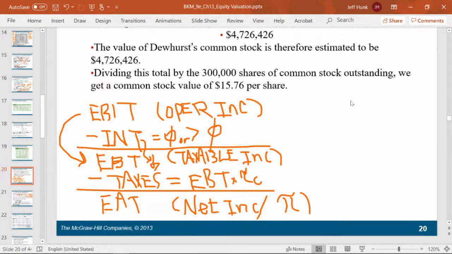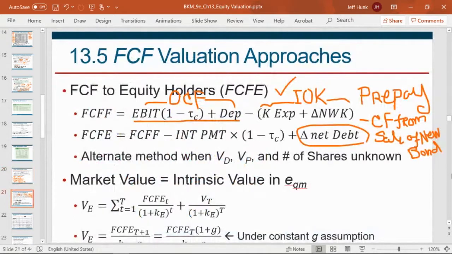Interest doesn't pay taxes, and because of this, interest payment has the effect of a tax break by as much as the tax rate.